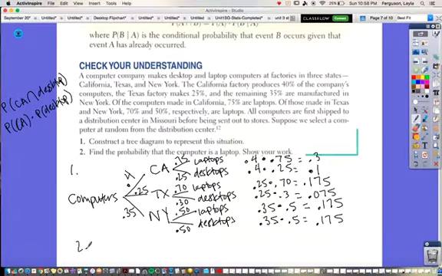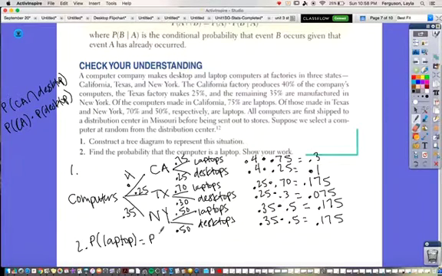Number 2 says find the probability that the computer is a laptop and show your work. All right, so this one is a little different. So the probability that you choose a laptop, remember that those laptops can be from California, Texas, or New York.